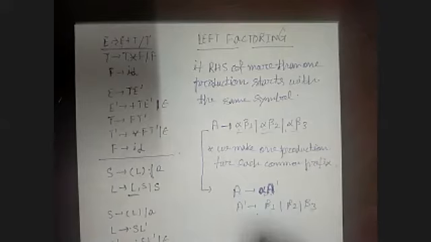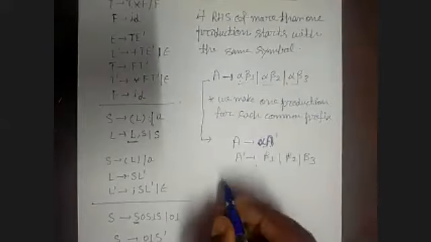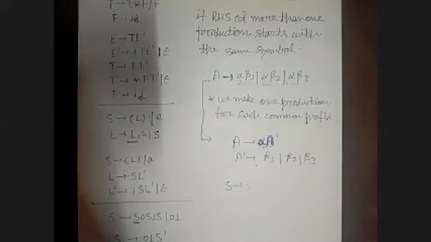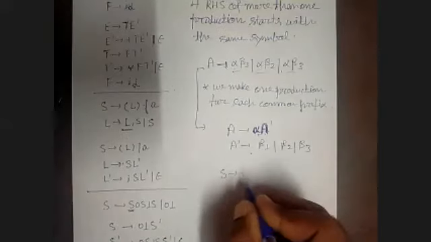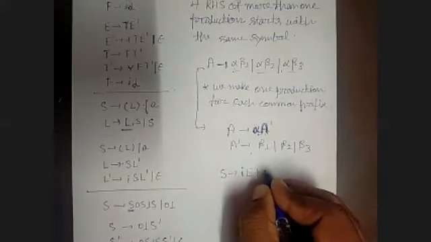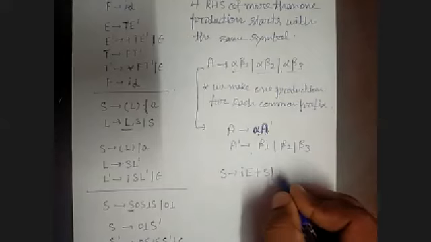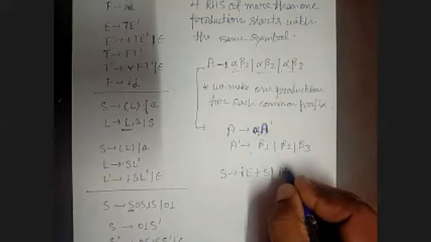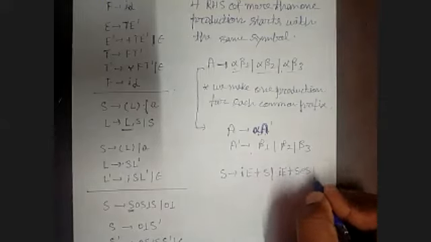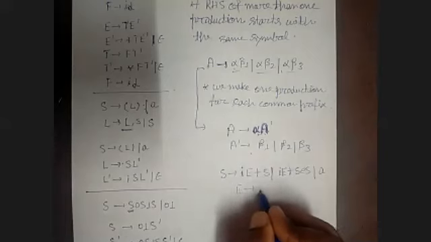Now take our example of left factoring. The first example is S tends to iEtS, or iEtSeS, or a, and E tends to b.